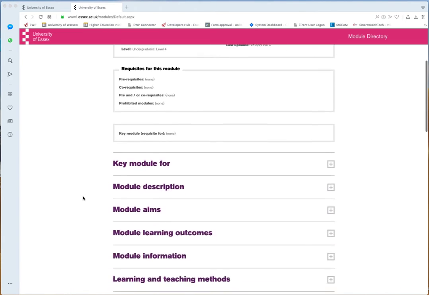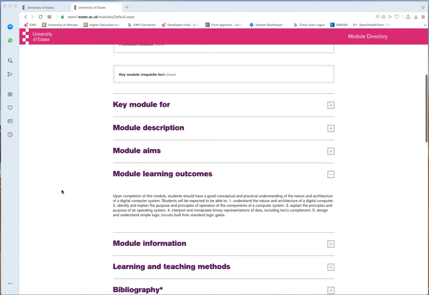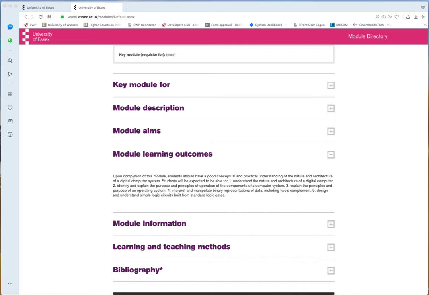And for example, if I take the fundamentals of digital systems here, then again I get some information about this, and you can see there's a number of topics, one of which is the module learning outcomes. So I can open the module learning outcomes, and in this we can see upon completion of this module, students should have a good conceptual and practical understanding of the nature and architecture of the digital systems. Students will be expected to be able to 1.